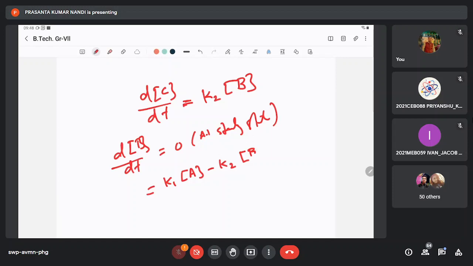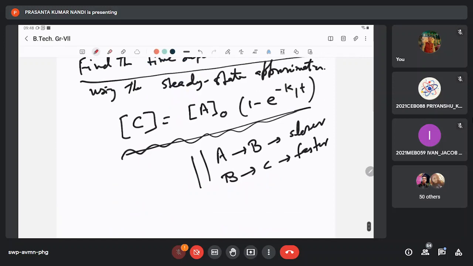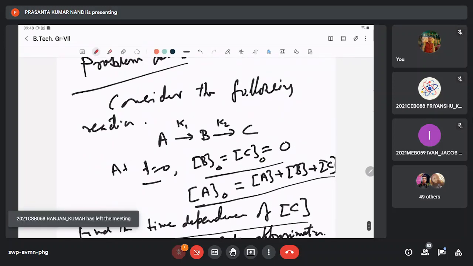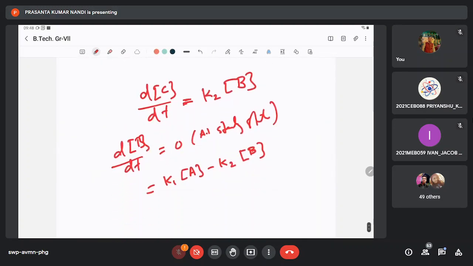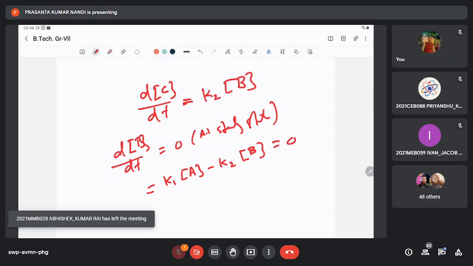Yes, it is produced in the first step and subsequently consumed in the second step. So you can write like this, and this must be equal to 0, right?